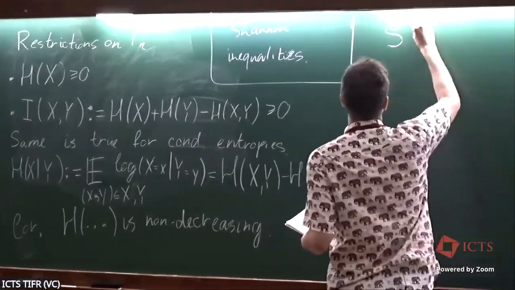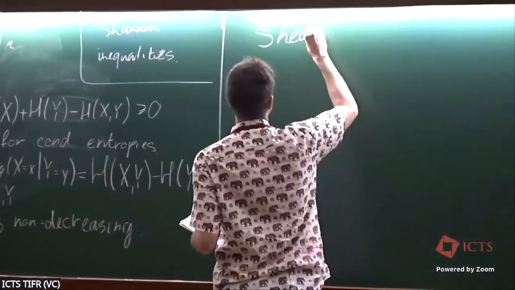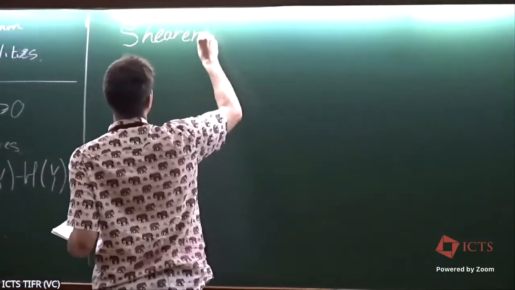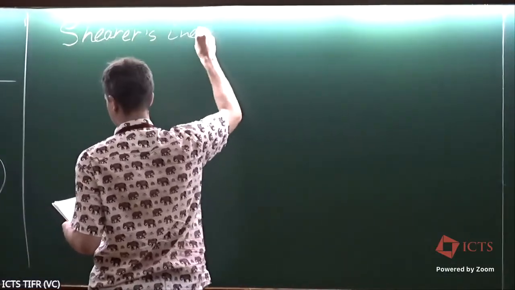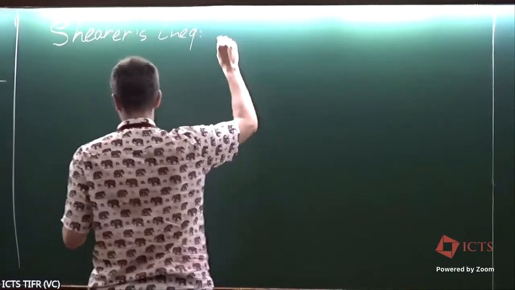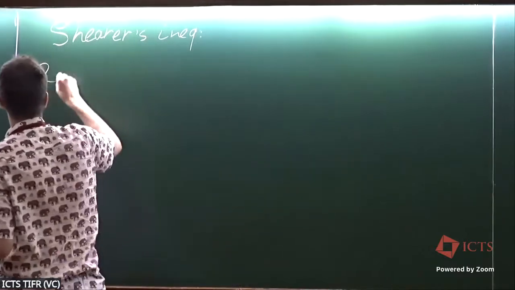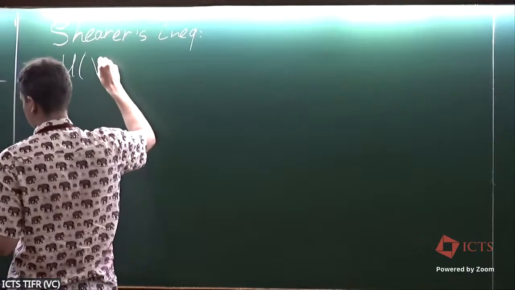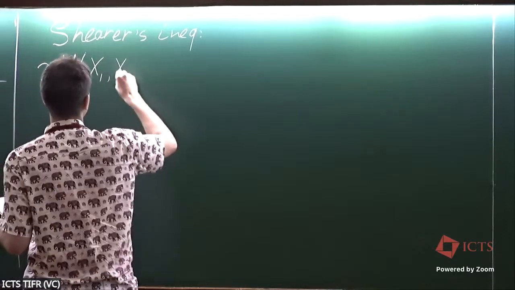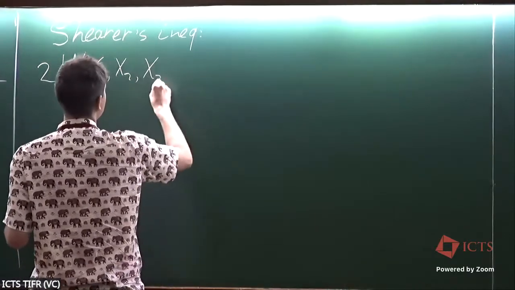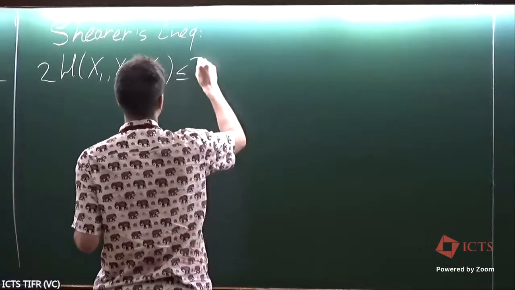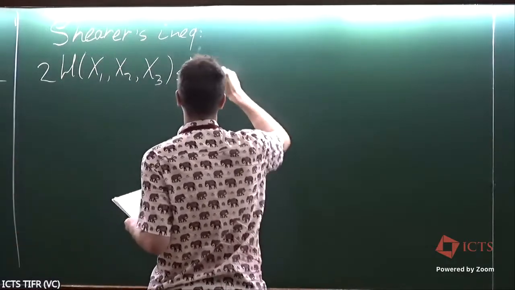So probably the nicest of them is Shearer's inequality, which says that you take the entropy of our three variables, multiply it by 2, and it turns out that it's less than the sum of pairwise entropies.